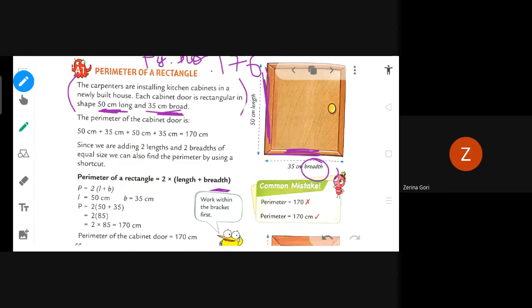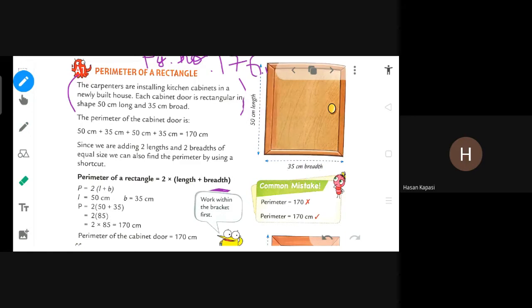Like in Gujarati we use two words, lambai and pahoLai. When uniforms are to be stitched, they use those two words, length and breadth. So those two words are there. Are both words clear? What is length? What is breadth? Length and width, yes.